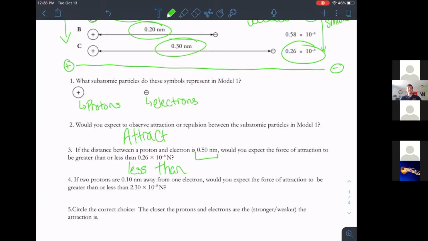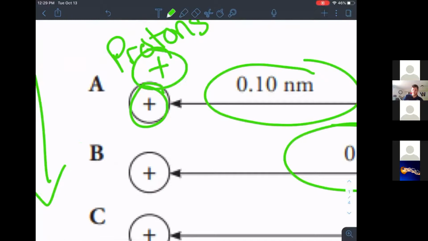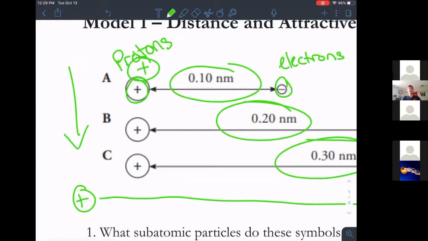So now the next question says, if two protons are 0.1 nanometers away from one electron, would you expect that force to be greater or smaller? So if I put a second proton over here, so I have two of them, I have a bigger positive force, or bigger positive side. All right, I got one person saying an answer.